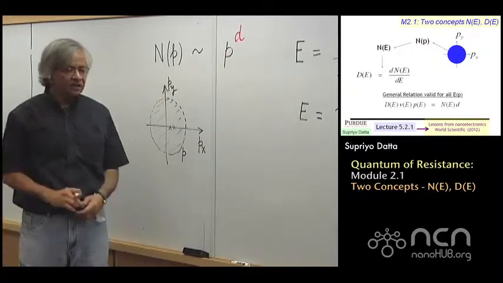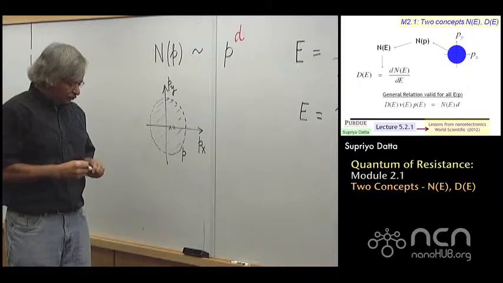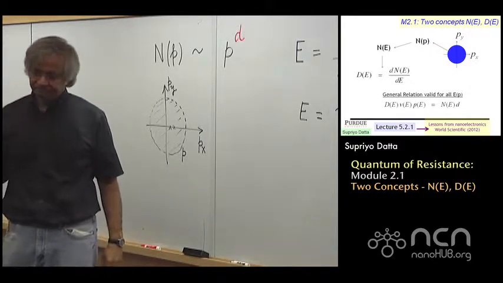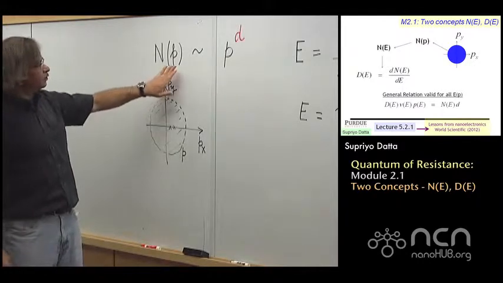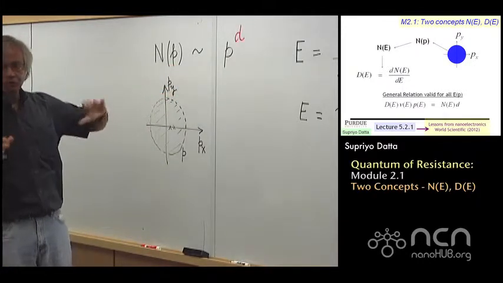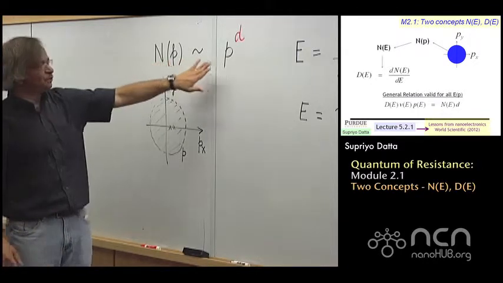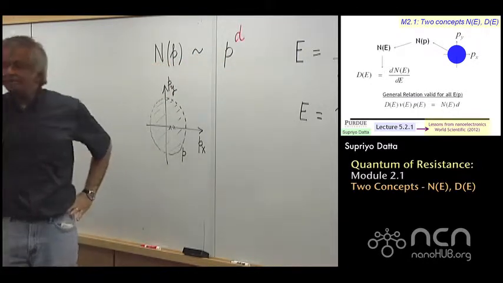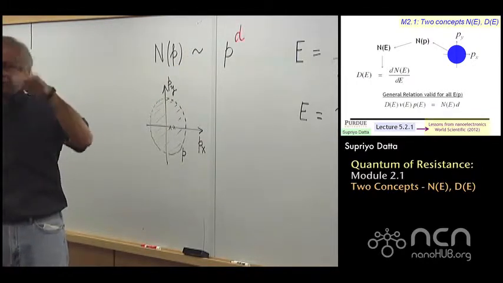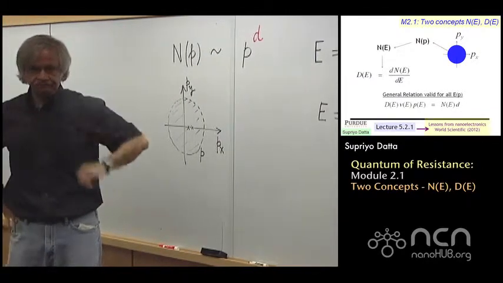So the first step in finding the density of states is to write down this function, which, without going into much detail, we can see should be proportional to P to the power d. Exactly what constant is in front, we'll talk about a little more in the next module.